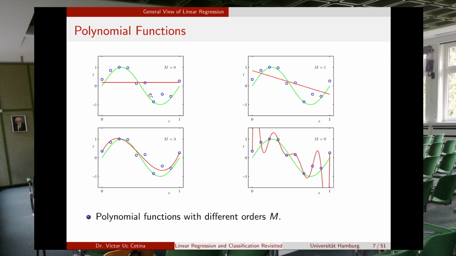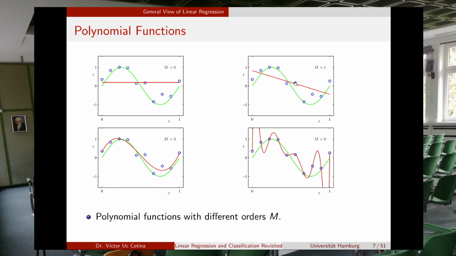So what happens with a polynomial function when we try to fit it to some data set if we increase the degree of the polynomial? In this example here, we see that the model is a polynomial of degree 0. That means that this is only a straight line that is parallel to the x-axis.